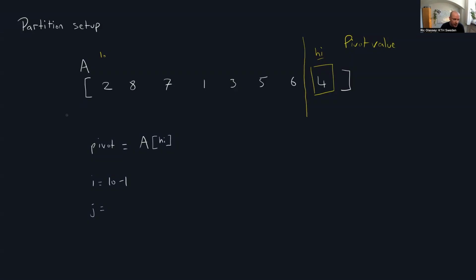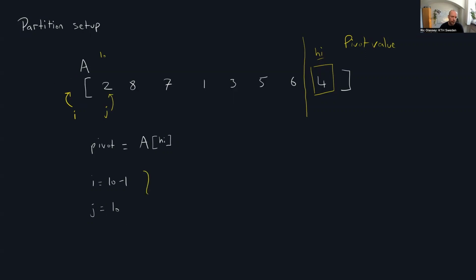What that means is i is going to start its life in this partition algorithm pointing outside the array in the -1 position, which is, as we know, an illegal position. Okay, and then j will start off pointing at the low position. So our second pointer j is going to point here.